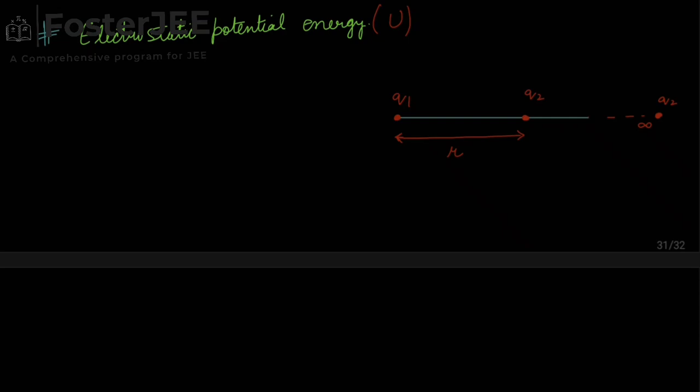Now what is the work done in moving this charge from here to very, very near to this? Let us suppose this is dr. Now the work done will be force into distance dot product.